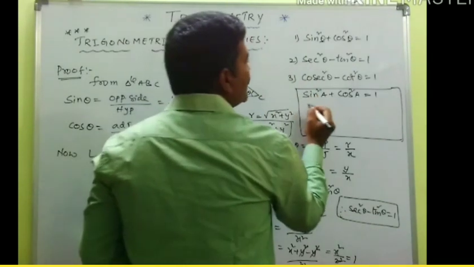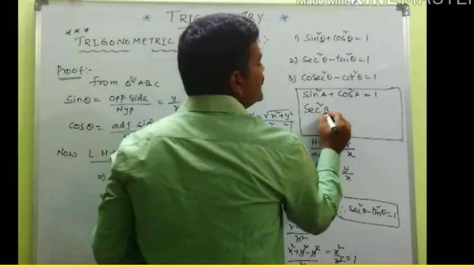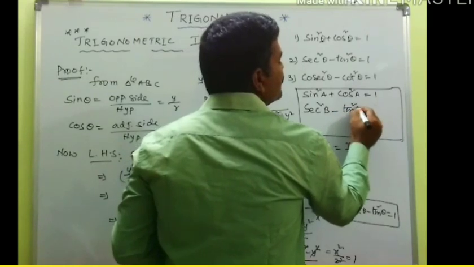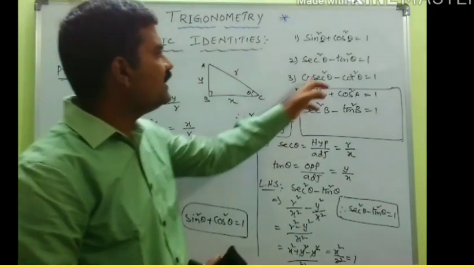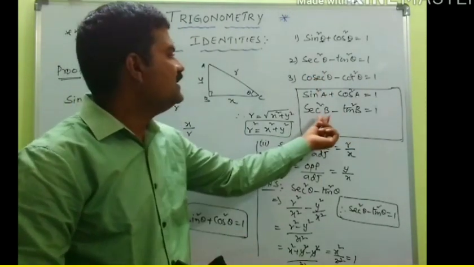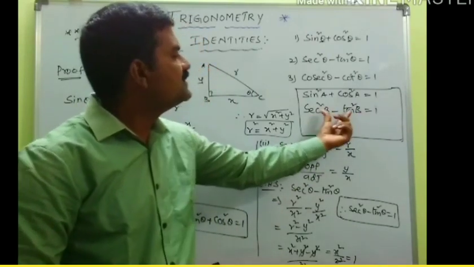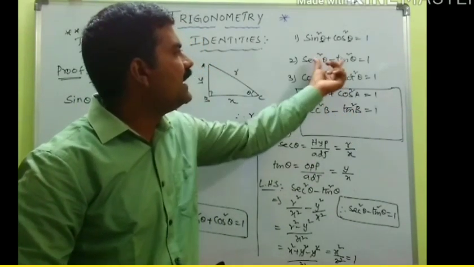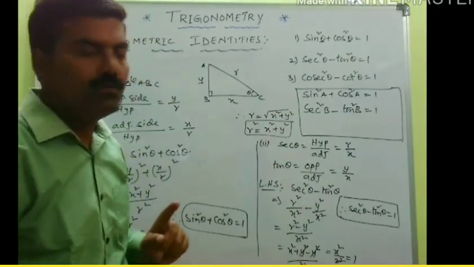Now the second one, I can also write it like this: secant square B minus tan square B, which is also 1, isn't it? So I can replace the angle with any letter. Here my angle is B, no problem, this is the same as above. That is why secant square B minus tan square B is also 1.